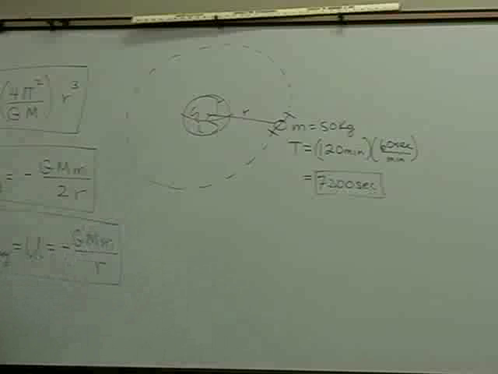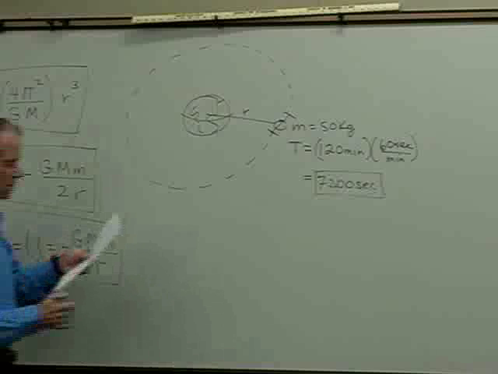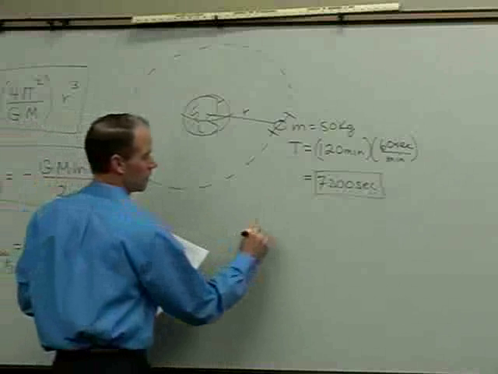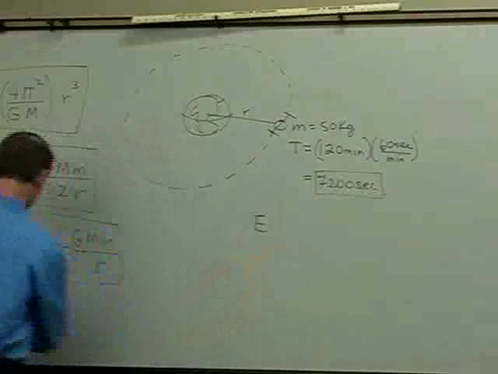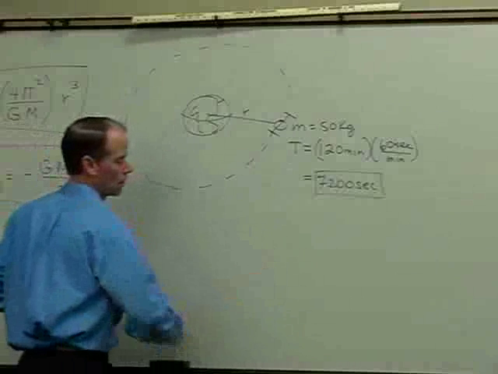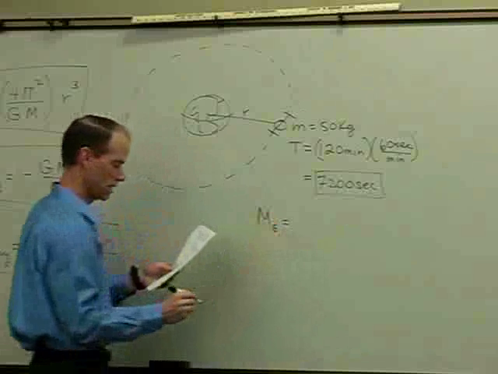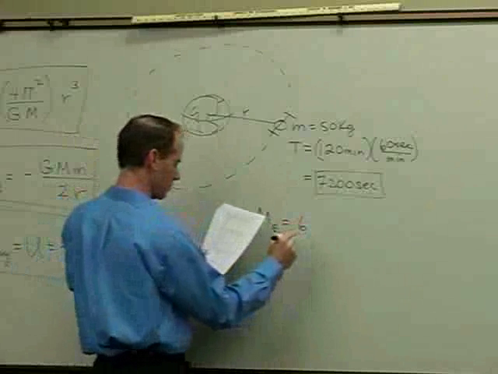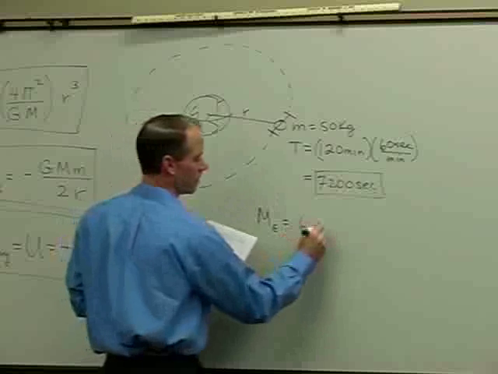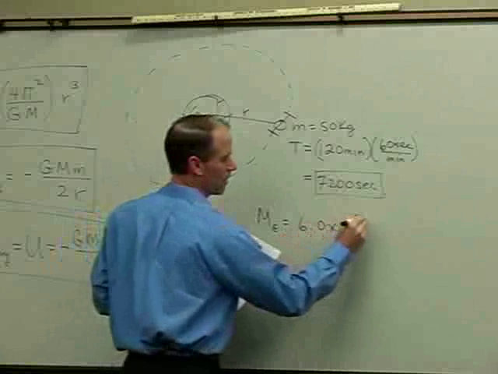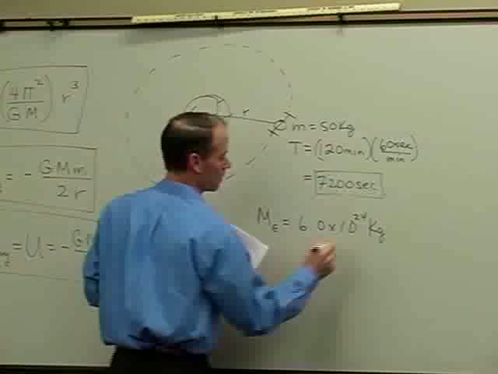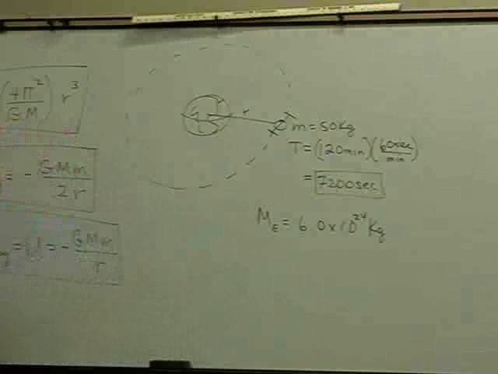So, for that time, and this situation, we're at Earth, and the mass of Earth is 6.0 times 10 to the 24 kilograms. So let's use Kepler's third law to find the radius.